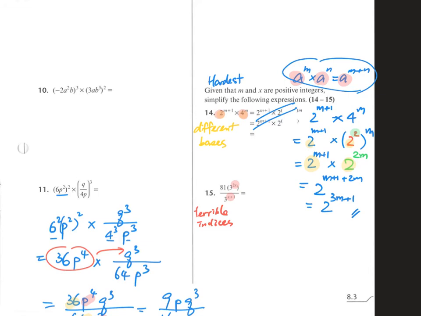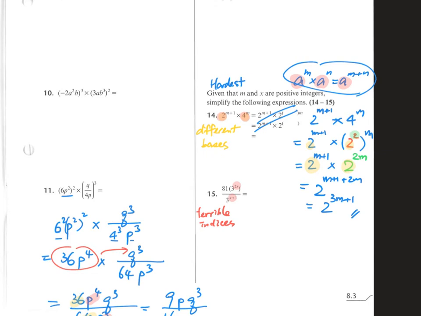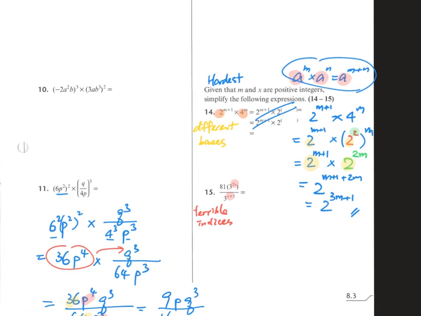The next one, number 15, is more or less the same. If you have terrible indices, no difference, because we still have the indices subtracting each other, which is 2x on top minus the bottom one, minus x plus 1.